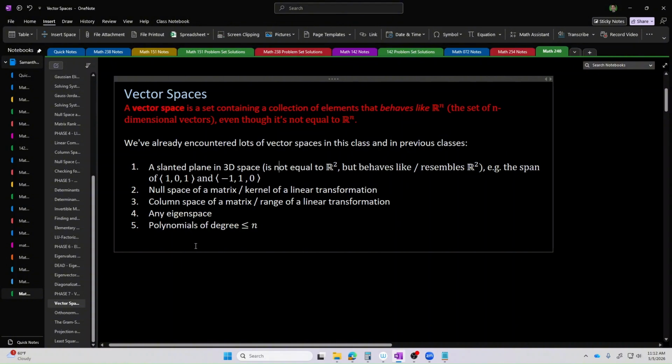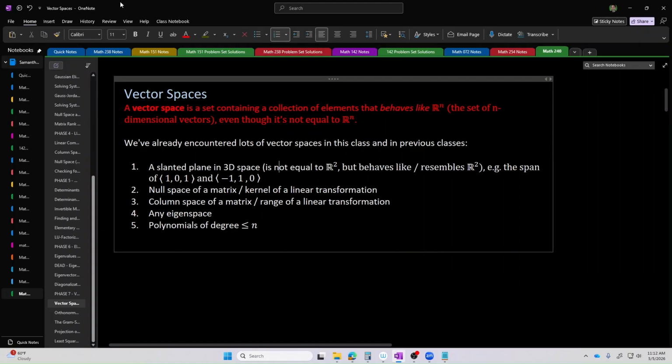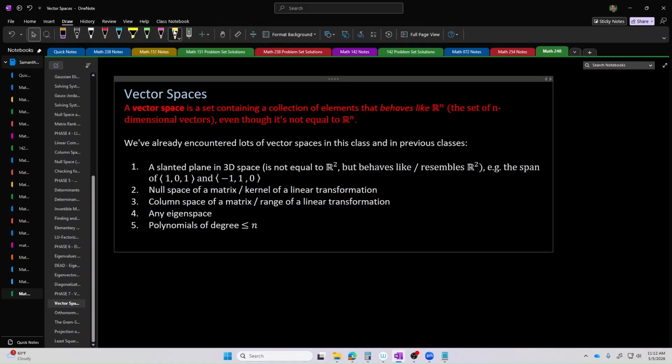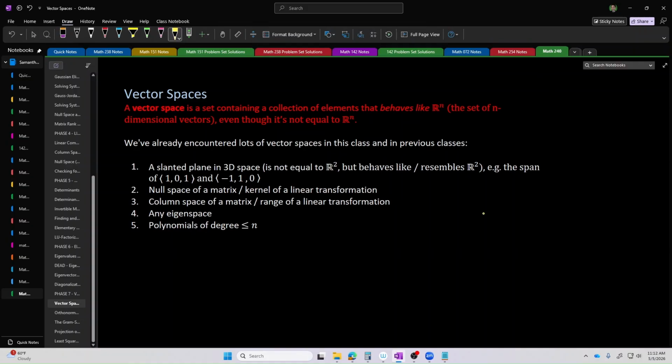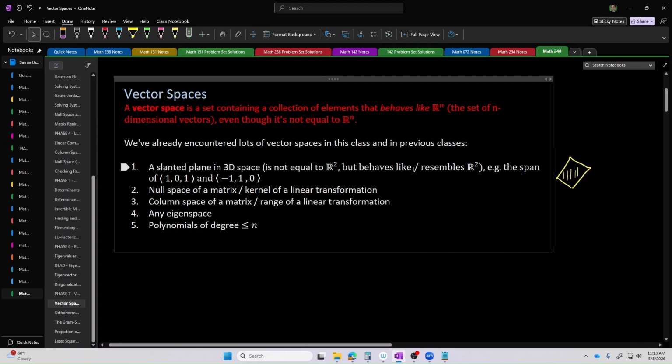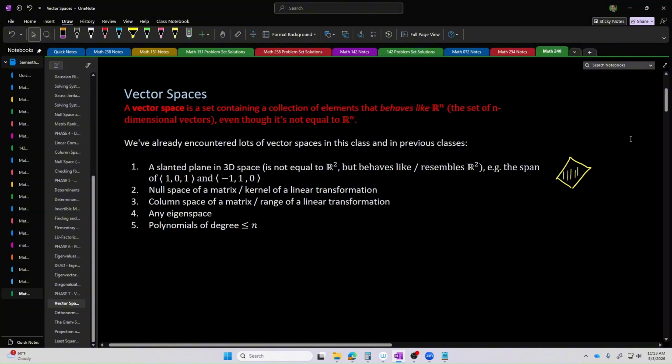A slanted plane in three-dimensional space is not equal to R2, but it resembles and behaves like R2. It behaves like the set of two-dimensional vectors. So this slanted plane would be an example of a vector space, something that looks like R2, something that acts like R2, even though it's not strictly speaking equal to R2.